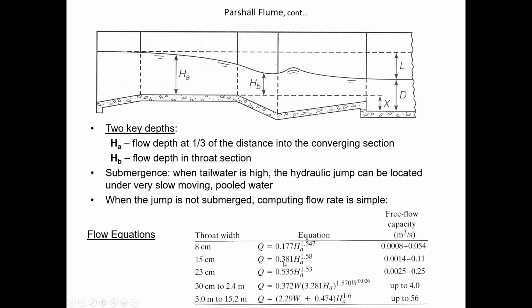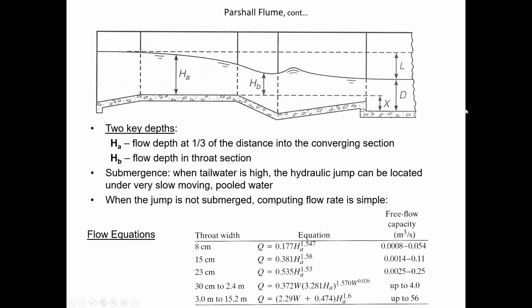You know, 0.31, 381, 0.535. I mean, there's no law of physics that this is derived from. It's just curve fitting. They observed a lot of different situations where they measured the flow rate, they measured the depth of water, and then they found a curve fitting factor that would bring it all together. So there's both this exponent factor and the coefficient in front of it.